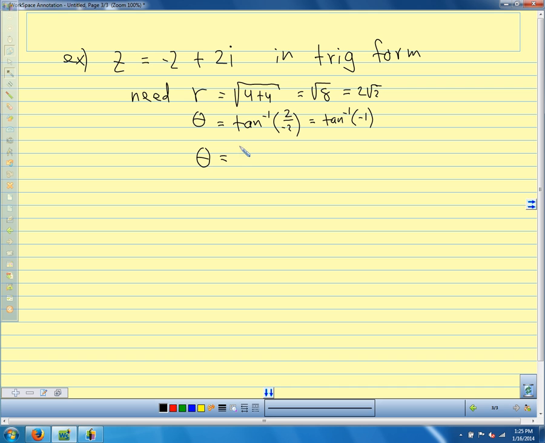So it's 45 degrees from, there we go, 135. And usually in trig form we use radians, not always. So we could say theta equals 135 degrees, or in radians, 3 pi over 4.